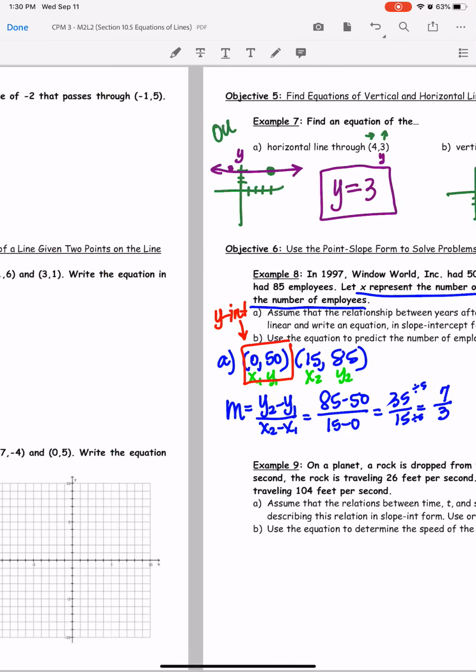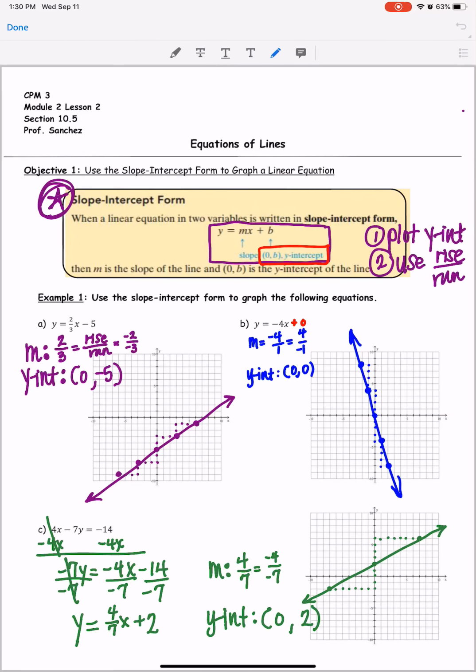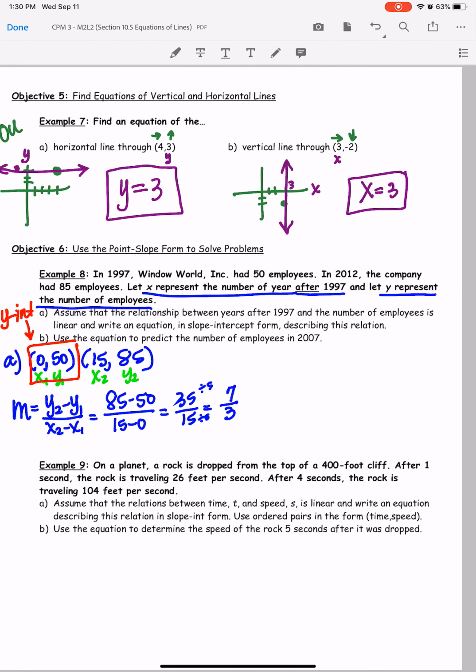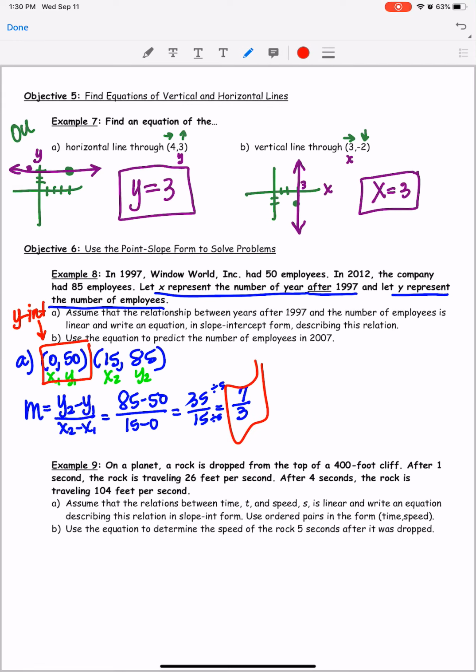We went over this on that last one. Right here, if you got 0, comma, a number, that's your y-intercept. So I have my y-intercept, I have my slope, so just use your y equals mx plus b form.